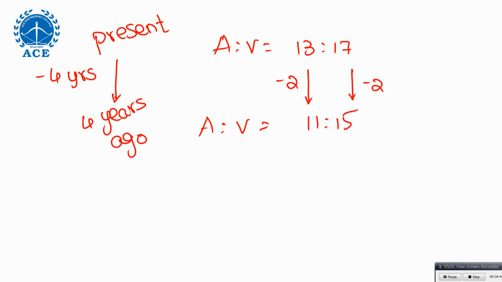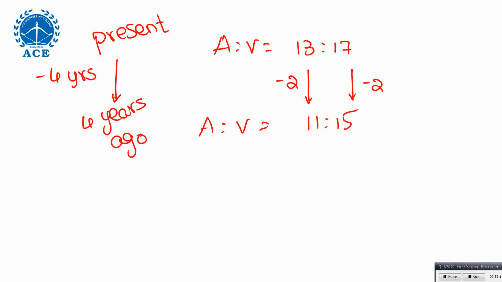And listen, the shortcut is applicable only when both decreased by 2 and 2, because both decreased by 4 years, so here both should be 2. If the first one in the ratio decreased by 2 and the other decreased by 3, then you need to modify one of those ratios, above or below. Modify means doubling or tripling it, making sure that the difference is common. Now the difference is common and the condition is satisfied.